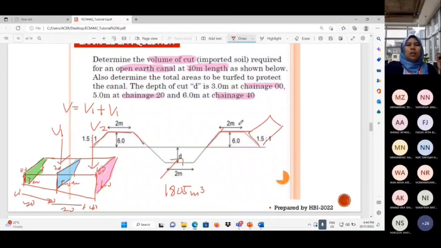Lebar dia sama, tinggi dia sama, slope dia pun sama. For both, B is 2 meter, D is 6 meter, S is 1.5 to 1. Kan? So length is 40 meter. Of course sama dengan your punya chainage 40 meter.